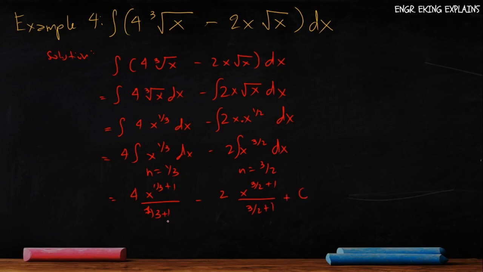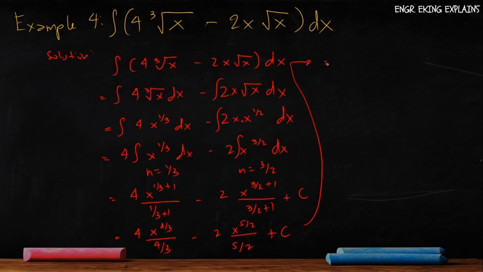Let me write this more clearly. So we have 4, so 1/3 plus 1, that is x raised to the power of 4/3 over 4/3, minus 2, so you have x raised to the power of 5/2, so 3/2 plus 1 over 5/2, plus c.